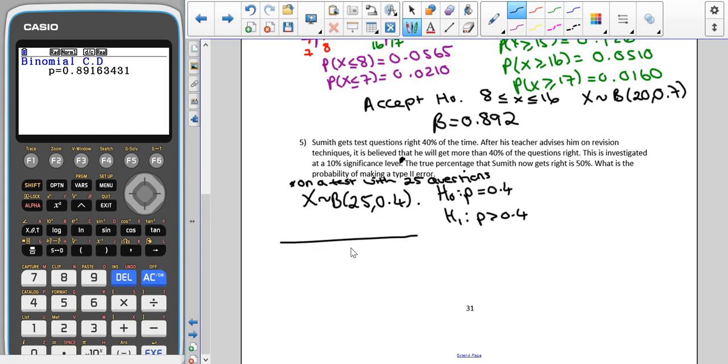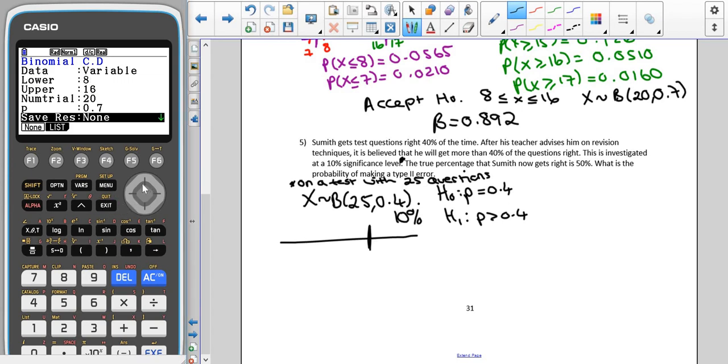This time we have a one-tail test because we're wanting this to improve to be more than 40%. So we are wanting to find this value here so that we have it was 10% significance level, so we want 10% on this side of the line. So to start off with, we have 25 questions. We have a probability of 0.4.